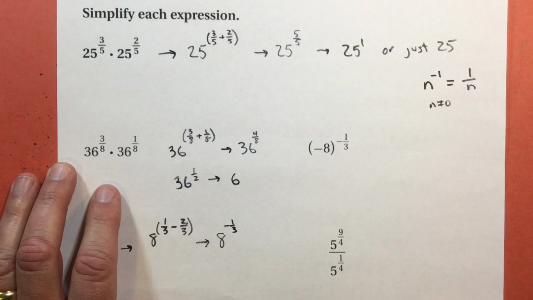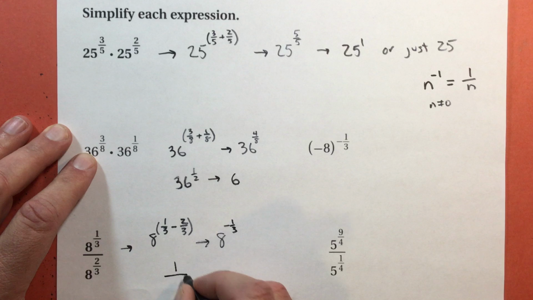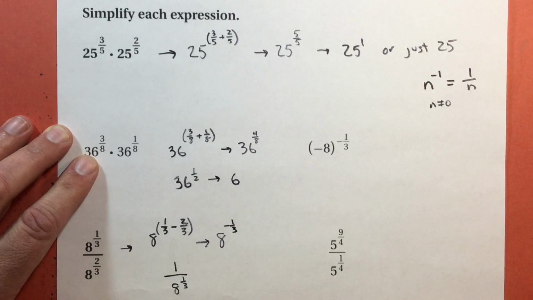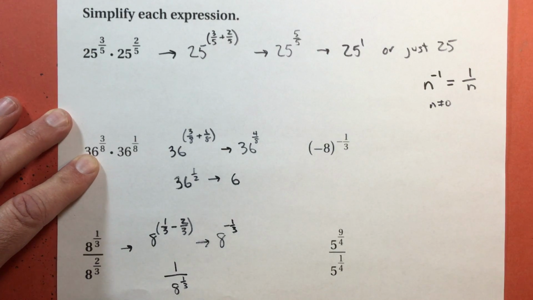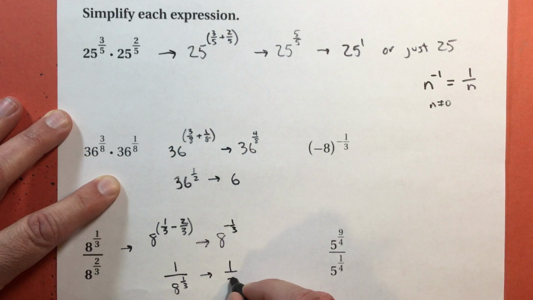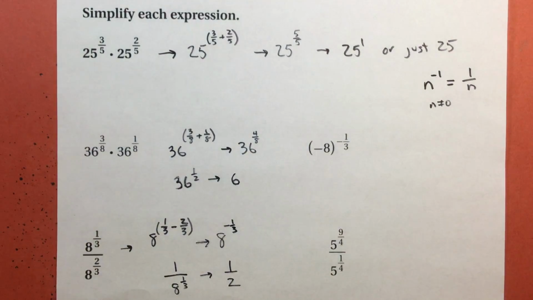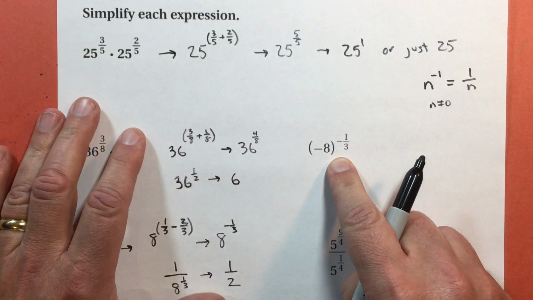This means reciprocal. So this is the reciprocal, 1 over 8 to the 1/3 power. And what I'm asking is what number times itself again equals 8? That's just 2. So this is just another way of saying 1/2. For this one, it looks very much the same.